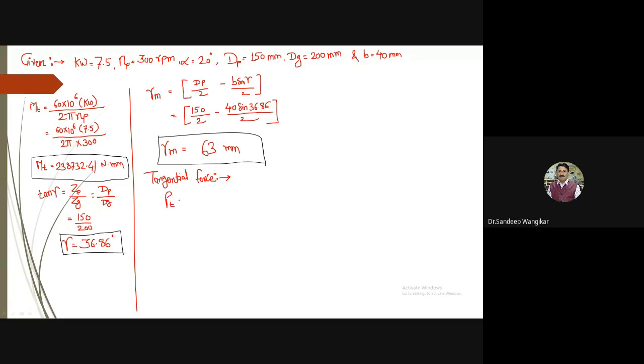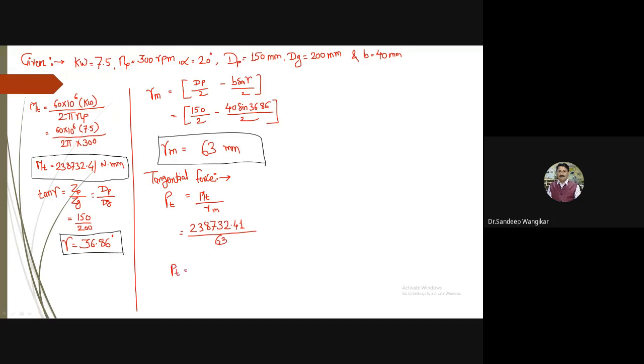Now let us go one by one. Tangential force PT is equal to MT divided by RM, which is 238732.41 divided by 63.